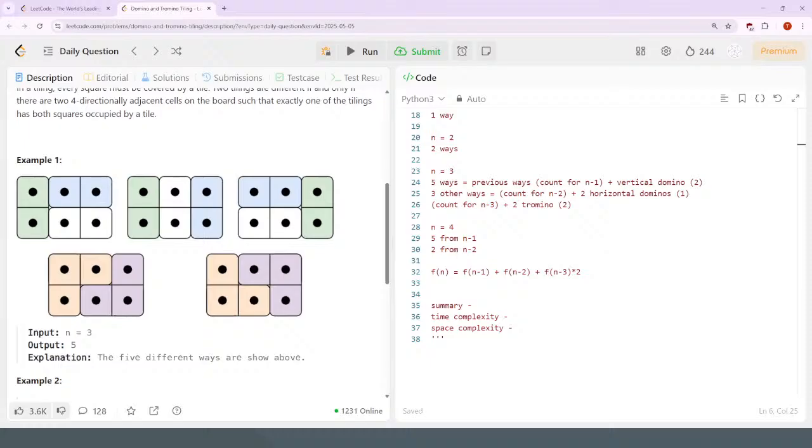What are the orientations that I'm missing? So I've had a vertical. If I add a vertical to n minus 1, add 2 horizontal. Is it possible that it goes deep like that? So I'm missing 2.